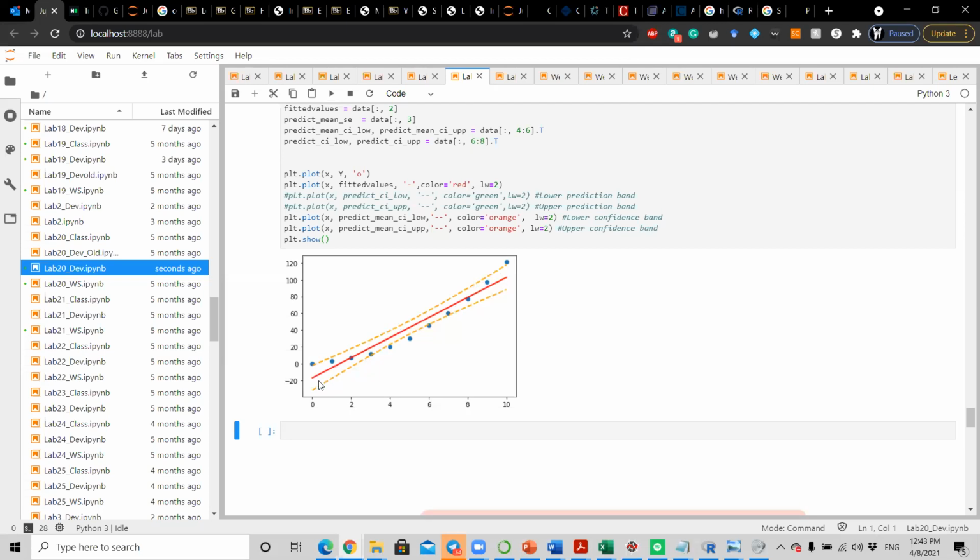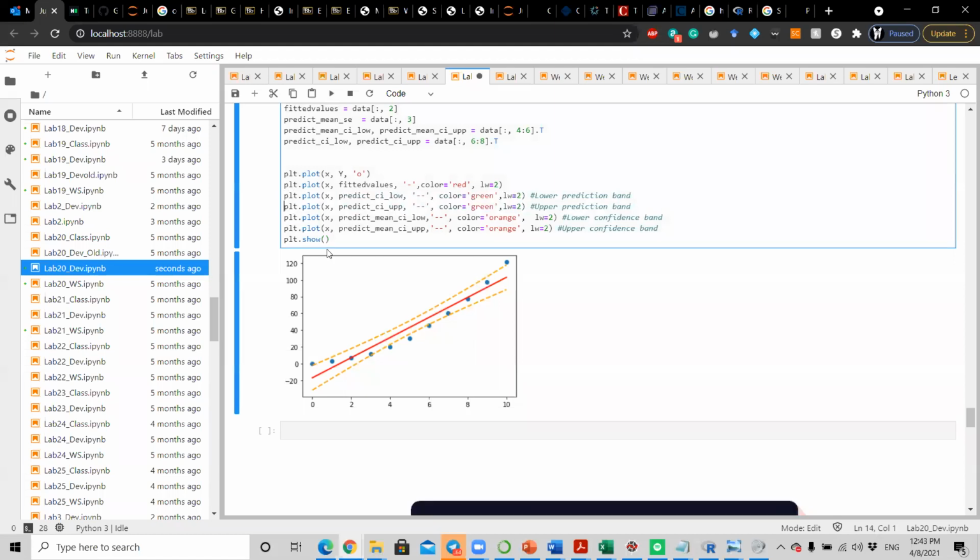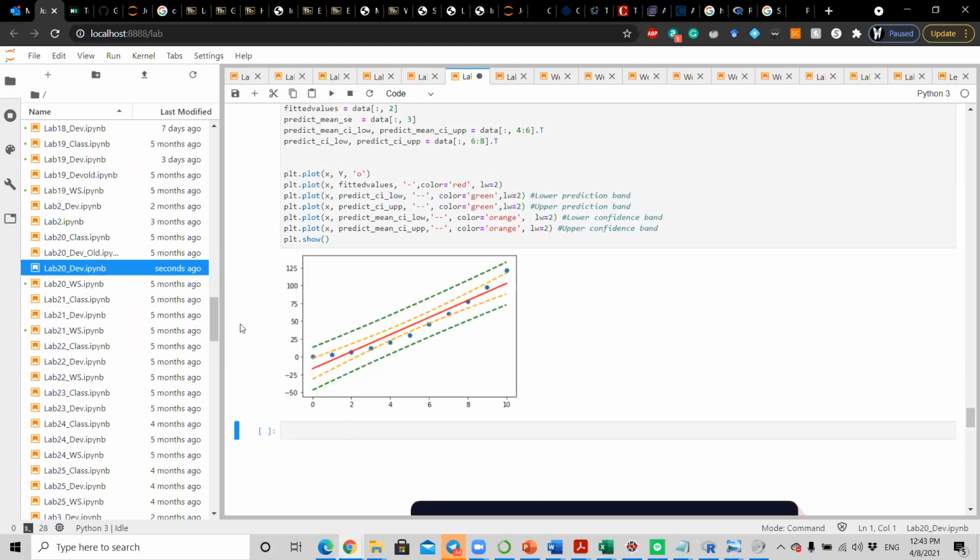Yes, sir. Okay. Now, this will be the full-blown plot that gives us the prediction intervals and the confidence intervals for the line that we have.